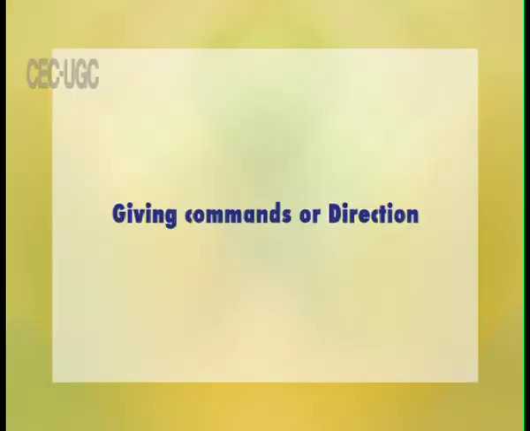Now, sixth, giving commands or directions. During teaching, the teacher gives directions which the students have to follow. Sometimes he gives commands or orders which the students are expected to comply with. This communication is direct in nature, and when the pupils follow these directions, interaction between the teacher and the student takes place.